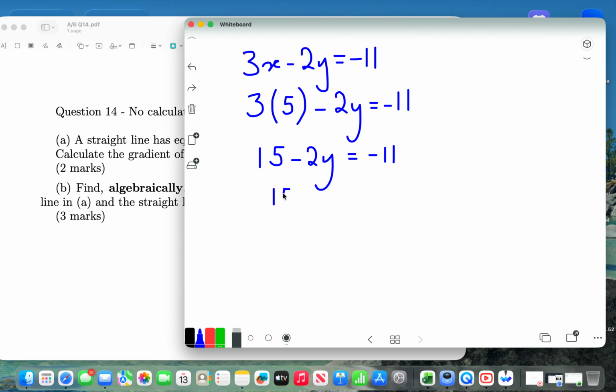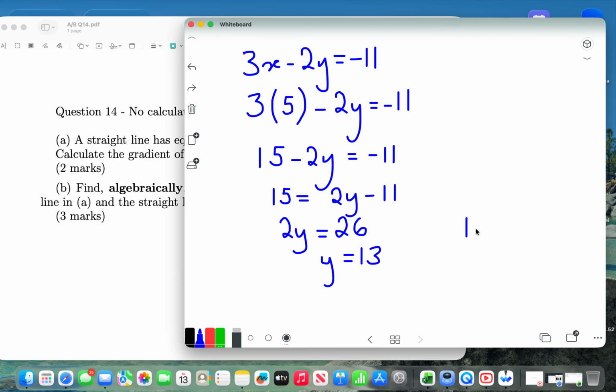Adding 2y to both sides means we cancel it out of the left hand side, and we get 15 equals 2y minus 11. If we add 11 to both sides, we get 26 equals 2y, but we can swap the sides because it's an equation. So 2y equals 26, and y is 13.